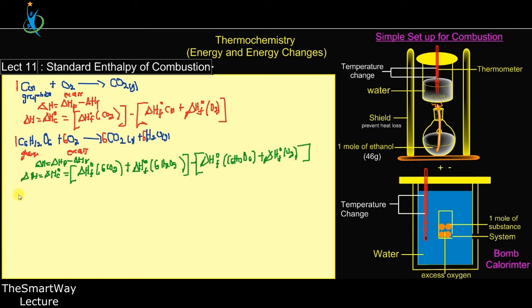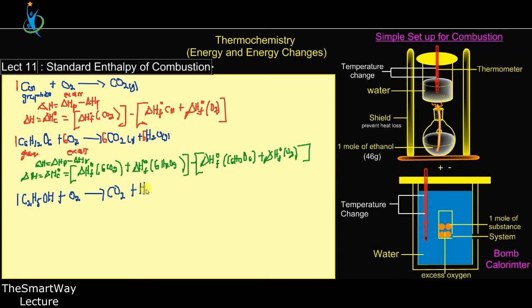Here, alcohol is written as C2H5OH. I'm burning 1 mole of alcohol. Now if I burn the alcohol in excess oxygen, I'm going to break all the carbons away from the hydrogen.